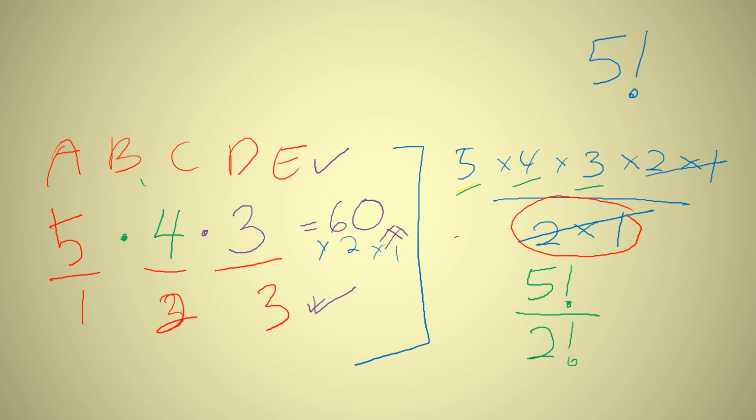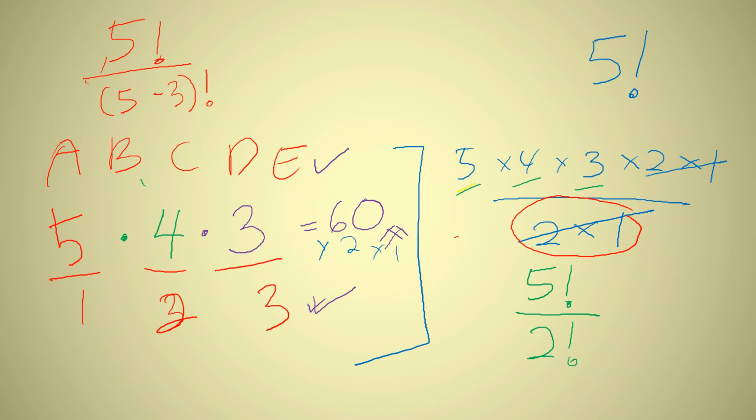So I could also write it as 5 factorial divided by 5 minus 3, which is 2 factorial.